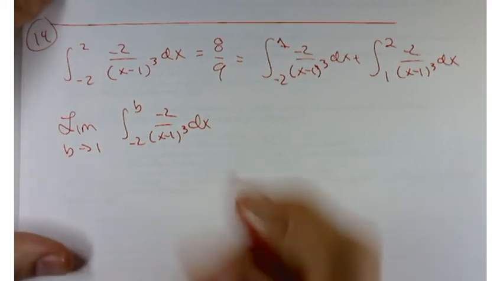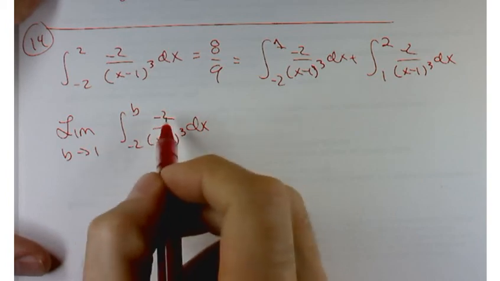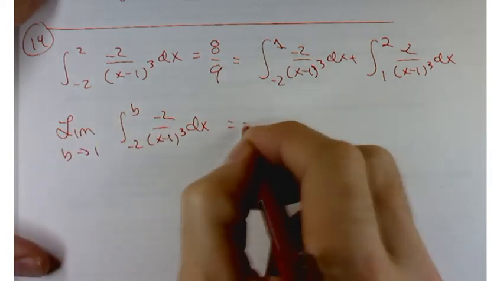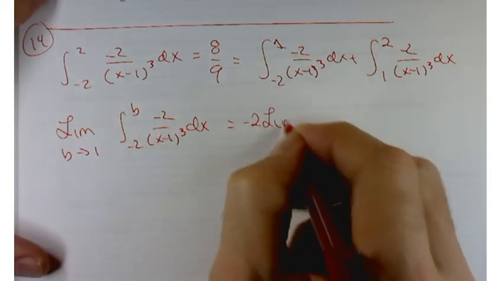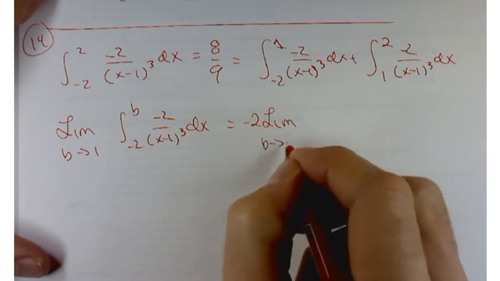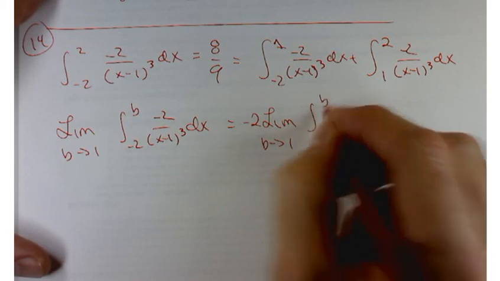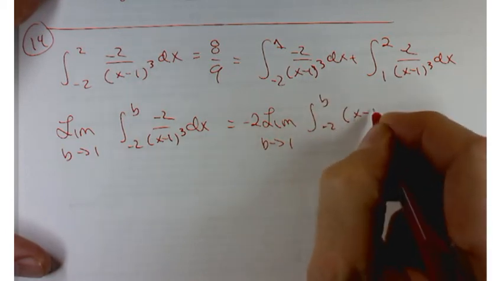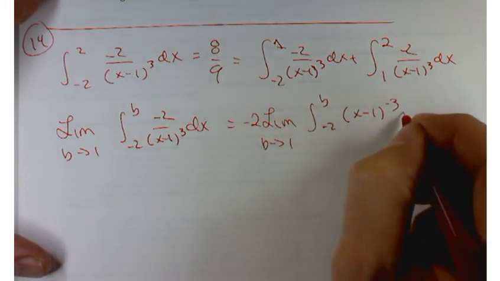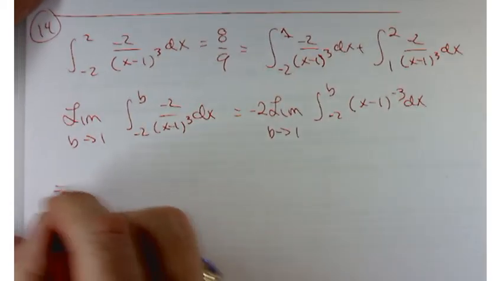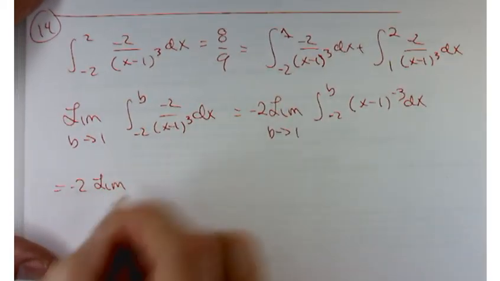Okay, so let's take the negative 2 out in front. Negative 2 times the limit as b approaches 1 of the integral from negative 2 to b of, let's rewrite that as, x minus 1 to the negative third dx. We need an antiderivative here.